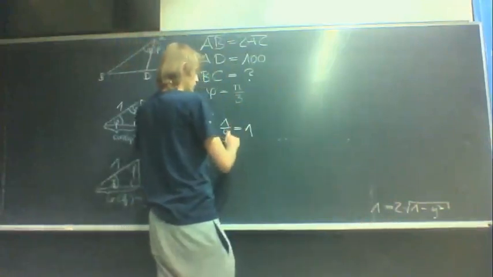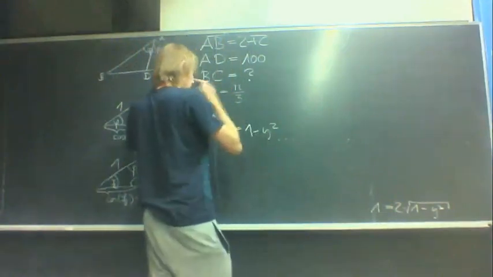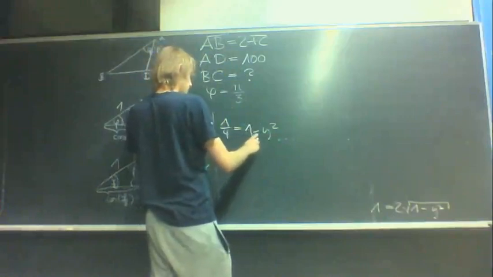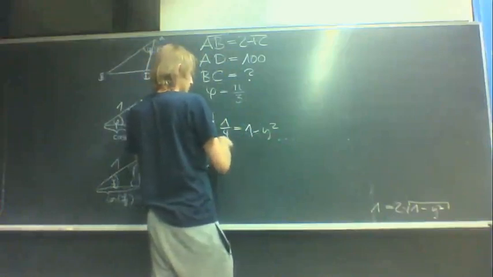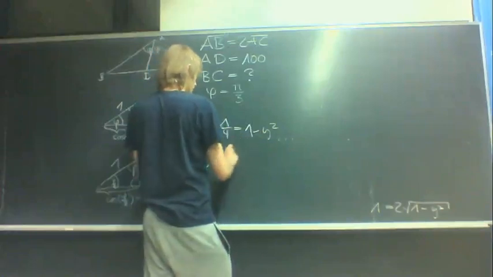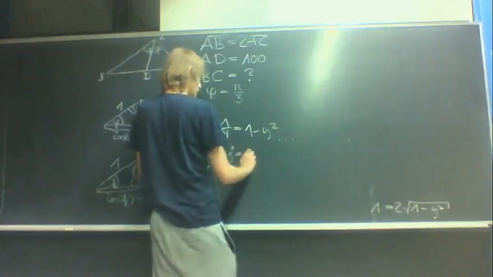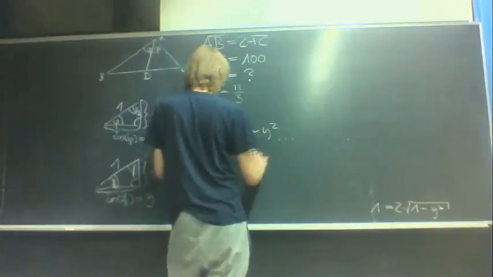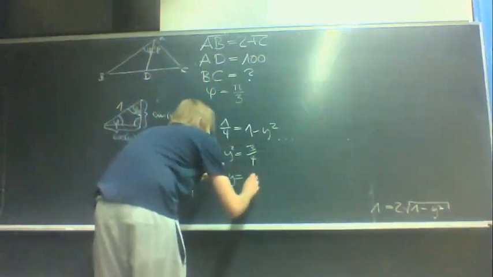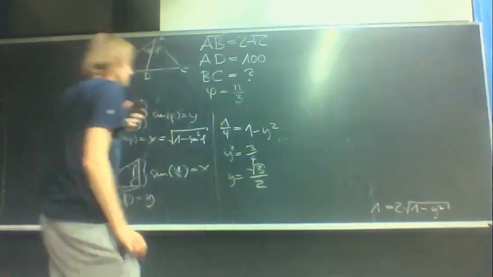We have 1 over 4 is equal to 1 minus y squared. And now we will bring the y to this side and the 1 over 4 to the other side. So I will have y squared is equal to 3 over 4. And now we know y will be just square root of 3 over 2.